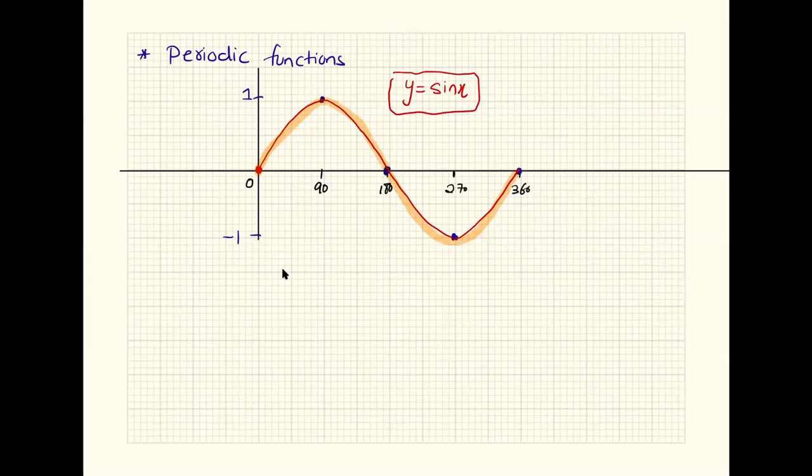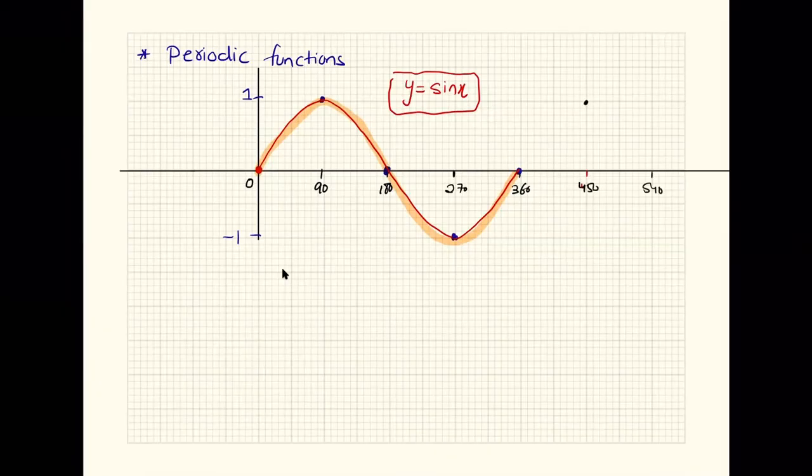So after 360 degrees, if I add 90 to 360, what do you get? 450. So at 450 you are going to have a new value, 450 plus 90, 540.